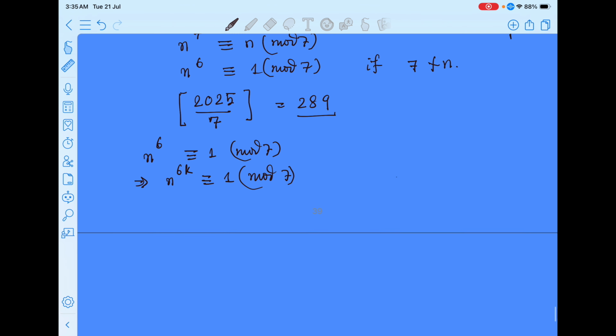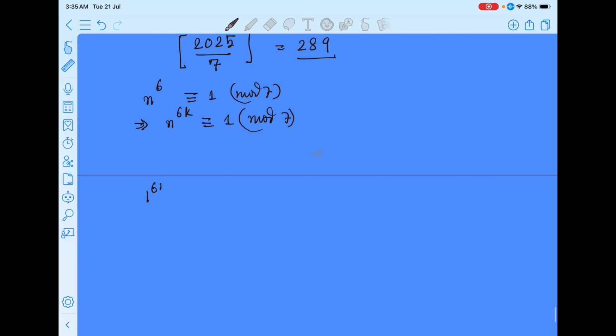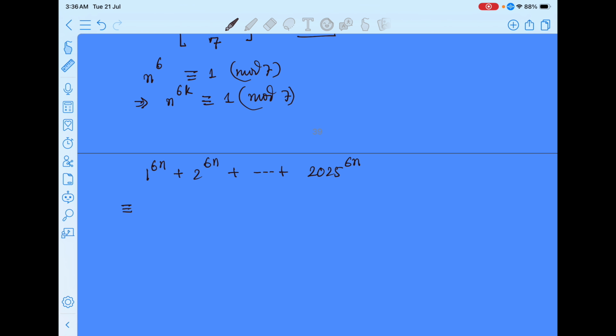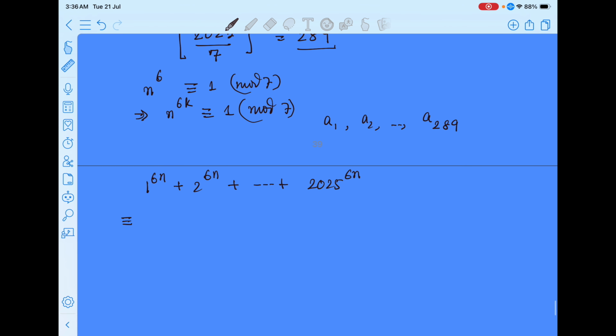Okay, now 1 to the power 6n plus 2 to the power 6n plus dot dot dot 2025 to the power 6n. So let us say that a1, a2, dot dot dot, a289 are all the multiples of 7.